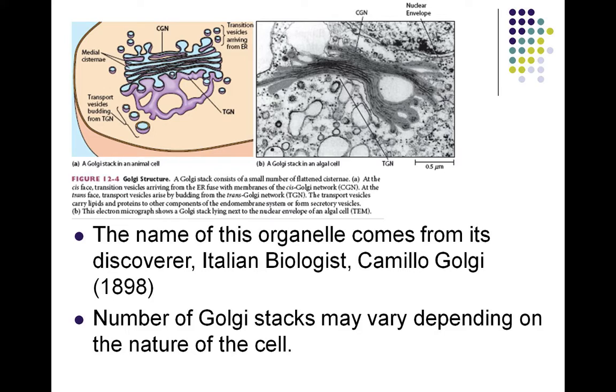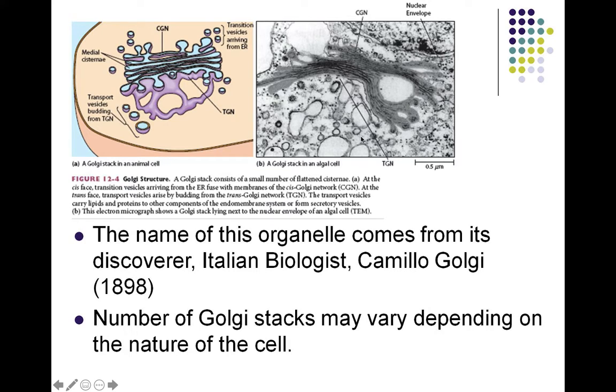So you expect that cells that are dedicated to secretion, to production of secretory proteins, will have a more distinct Golgi complex or Golgi network. You can see here these two pictures. One is an artist's interpretation of the Golgi network depicting the three regions, the CGN, the medial cisternae, and the TGN.